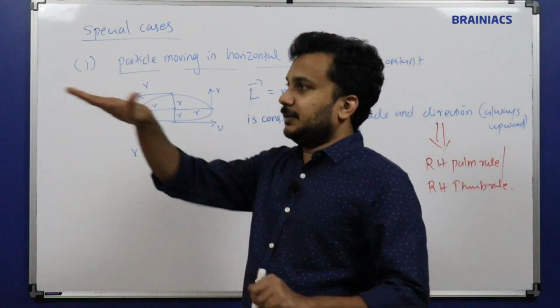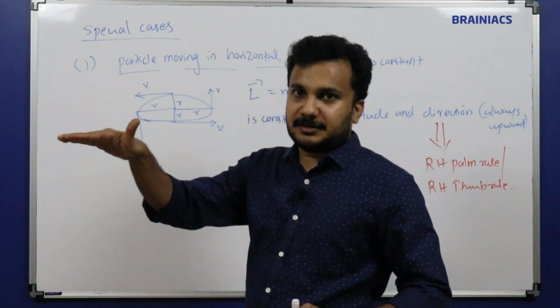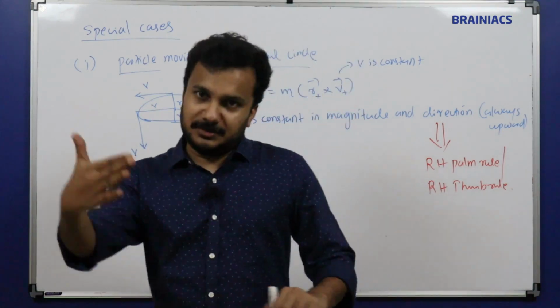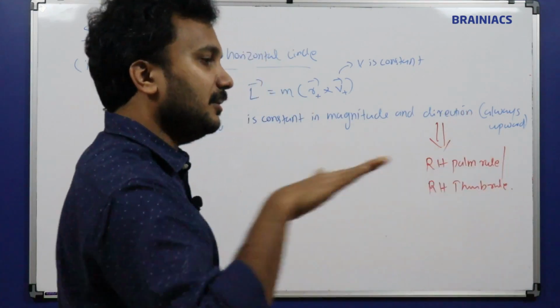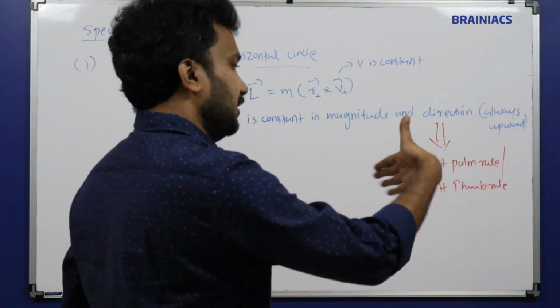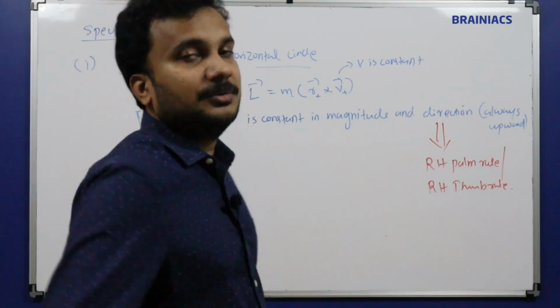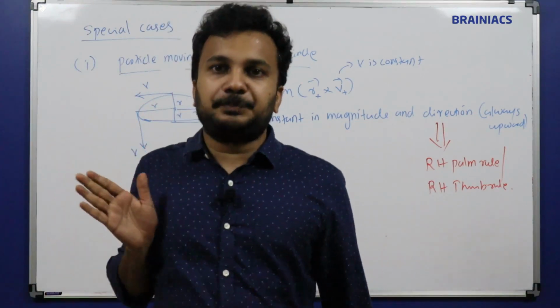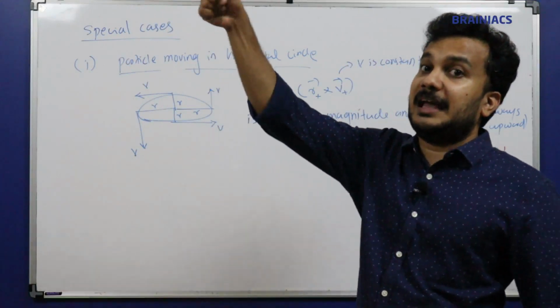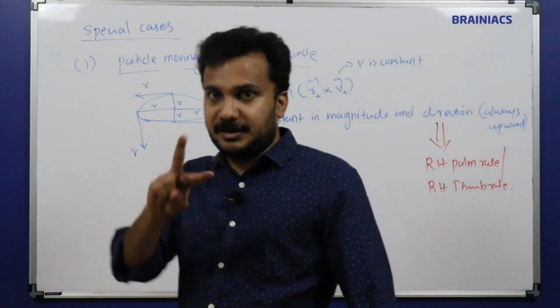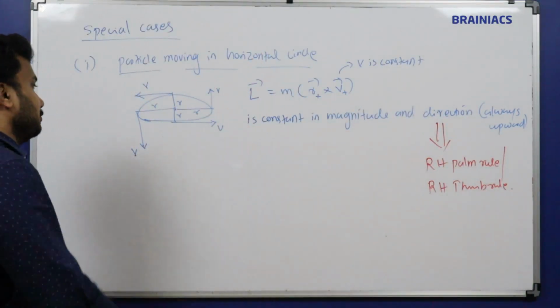So here r is like this, v is like this. In this position we have the r vector and the v vector, so the thumb will give L, the resultant of the cross of the two vectors.